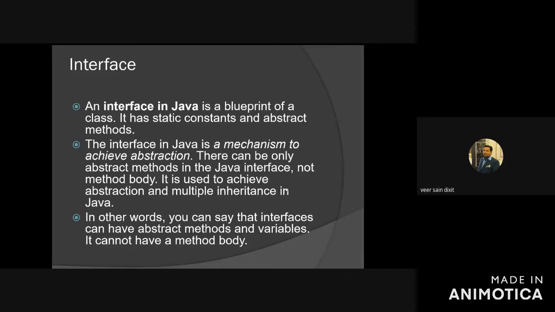But there is a difference between abstract classes and interfaces: in an abstract class there will be abstract methods, meaning methods without body, but there could be concrete methods also. But in interfaces, all the methods will be abstract methods.